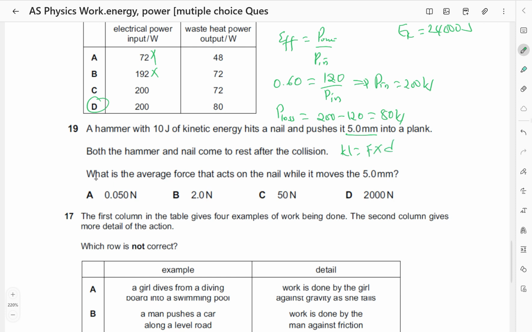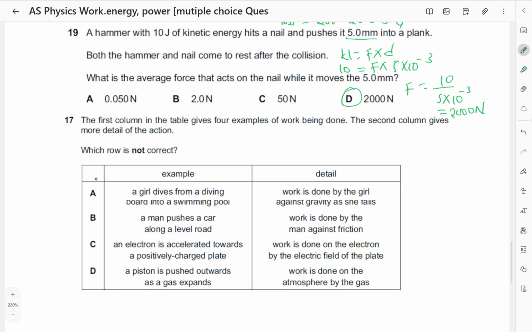We want the average force. The work done is the gain in kinetic energy, which is 10 joules, and it is equal to the force times 5 times 10 power negative 3 to change it to meters. When I make F the subject as 10 over 5 times 10 power negative 3, this is automatically 2000 newtons. So the answer is going to be D.